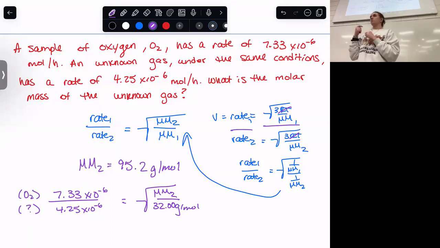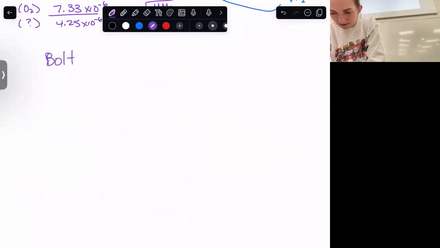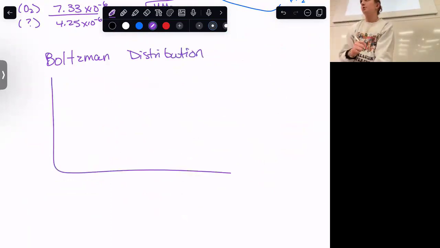Any questions on rate? Does that help with a little bit of that stuff? Okay, and then I think just in our last minute, I'll briefly talk about a Boltzmann distribution. There's 2 ways that you can see a Boltzmann distribution.